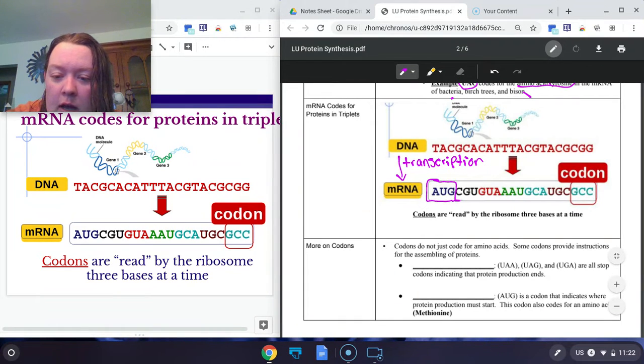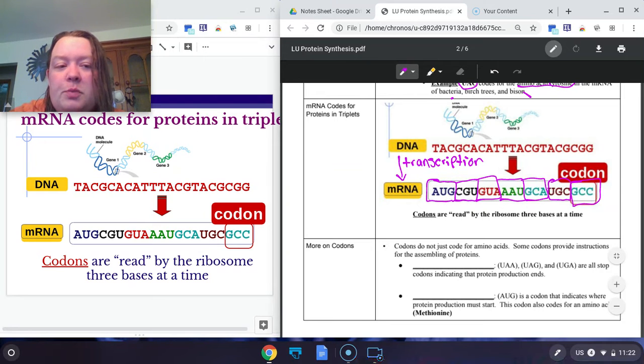So when I do this, I always take my group and I split it into groups of 3. Each group of 3 is 1 codon. So there is my RNA split into groups of 3. And in translation, the codons are read by the ribosome in these groups of 3. So it will read AUG, then it will go CGU, GUA, and so on.